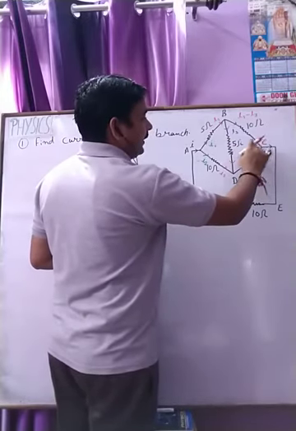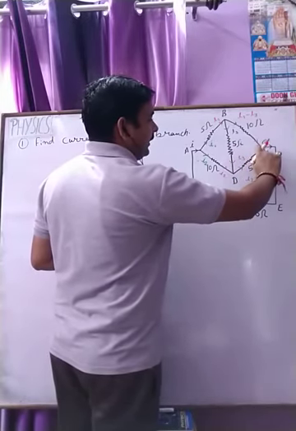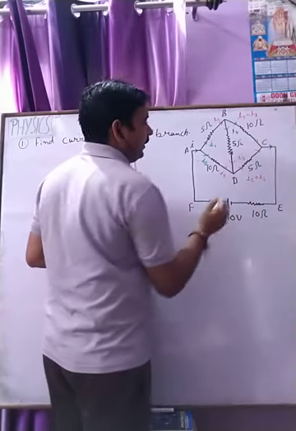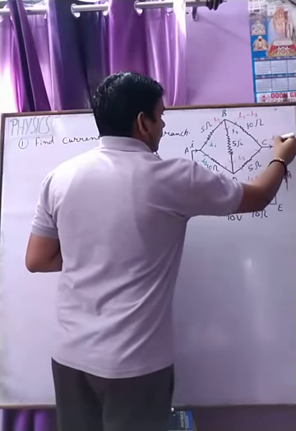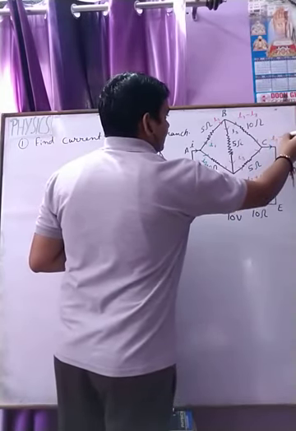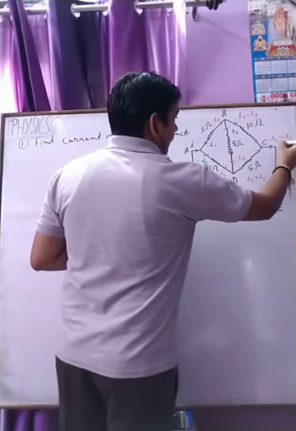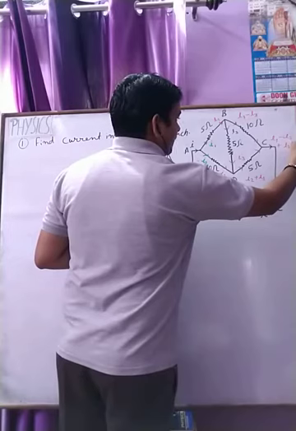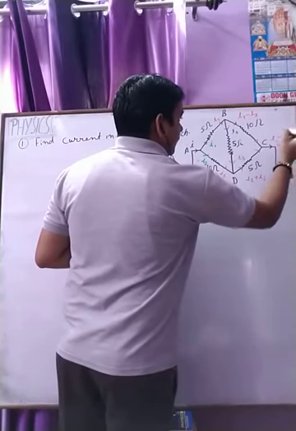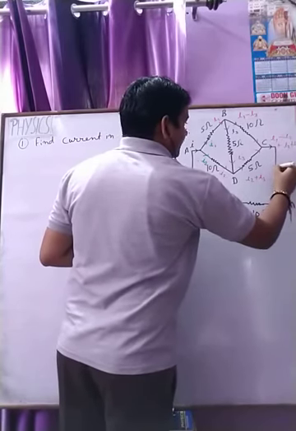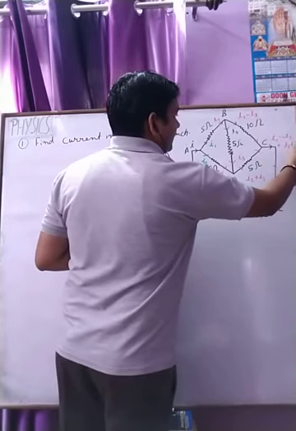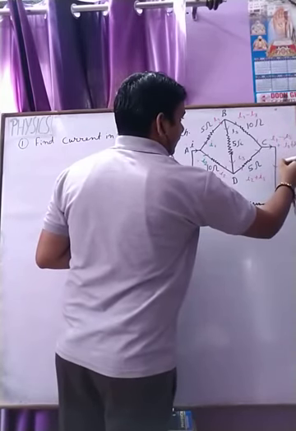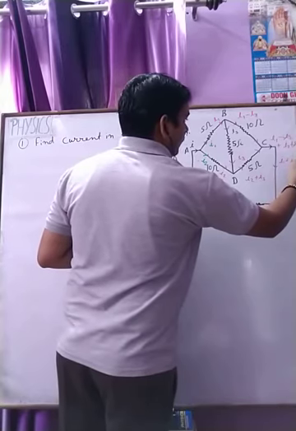When both the currents reach point C and leave towards C to E, so I1 minus I3 plus I2 plus I3. So I3 cancels I3, and it will be I1 plus I2.